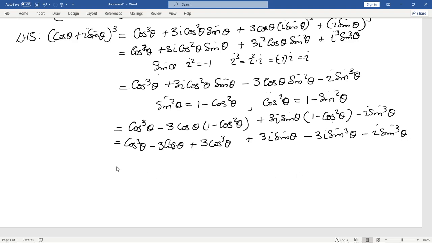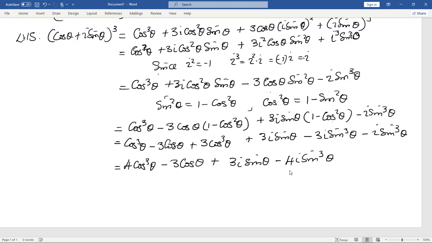So now this cos cubed theta and 3 cos cubed theta can be added together, which gives us 4 cos cubed theta minus 3 cos theta, plus 3i sin theta minus 4i sin cubed theta.